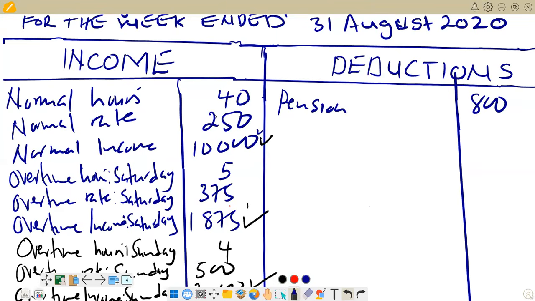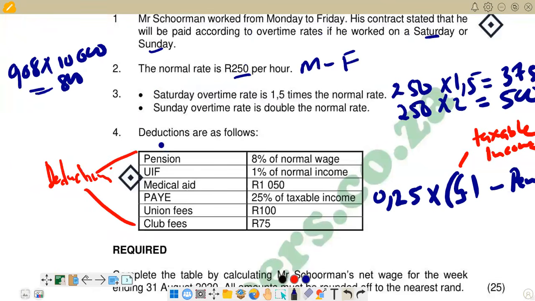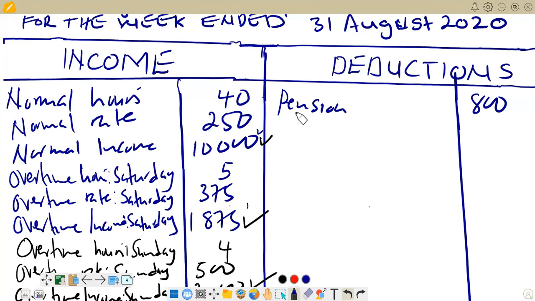Right. We go to the next deduction and see what is the instruction there. It's saying 1% of normal wage. We now know that normal wage is 10,000. So 1% is 0.01. Then we multiply by 10,000. And obviously there you're going to get 100. So it means UIF is 100. So we come here and say UIF, we have 100.